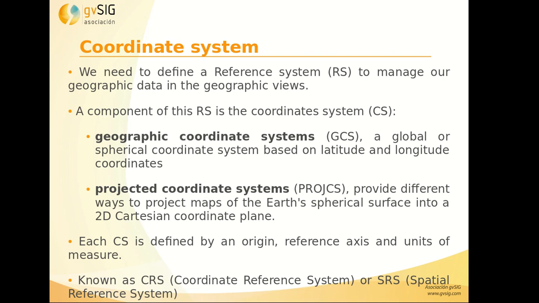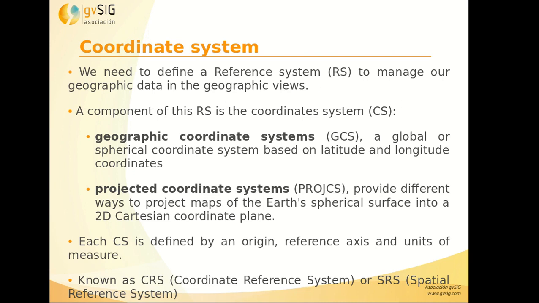In this case, we have two of them: the geographic coordinate system, a global or spherical coordinate system based on latitude and longitude coordinates, and the projected coordinate system, where we have the maps of the Earth in a 2D Cartesian coordinate plane. Each coordinate system is defined by an origin, reference axis, and units of measurement.